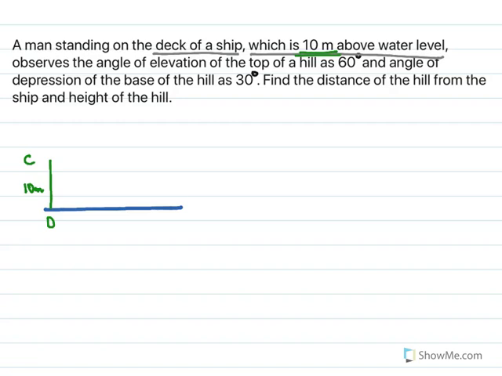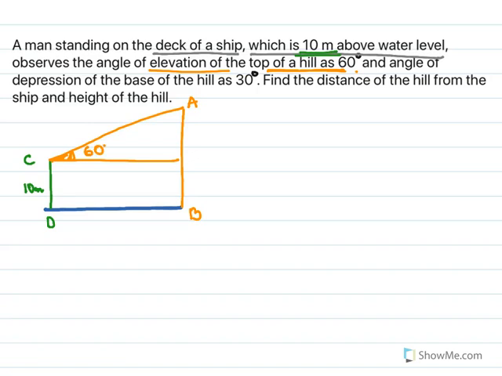He observes the angle of elevation of the top of a hill as 60 degrees. So we have the hill, we call the hill AB, and the angle of elevation of the top of the hill is between the horizontal and the line of sight. So this angle is 60 degrees.